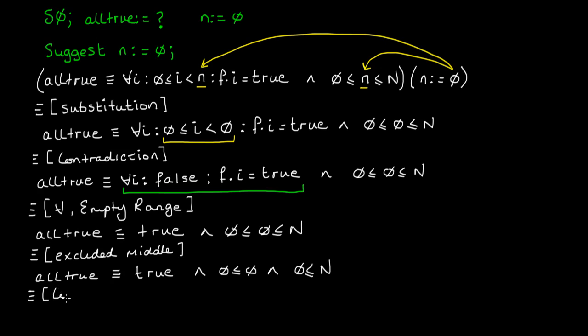So by the laws of constants, 0 greater than or equal to 0 is true, and we were told at the very beginning of the program that n is greater than or equal to 0, so this is also true. So we know that we were given n greater than or equal to 0.